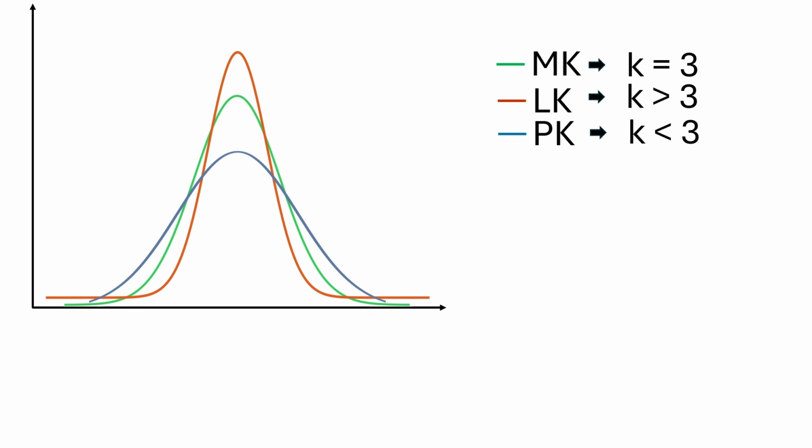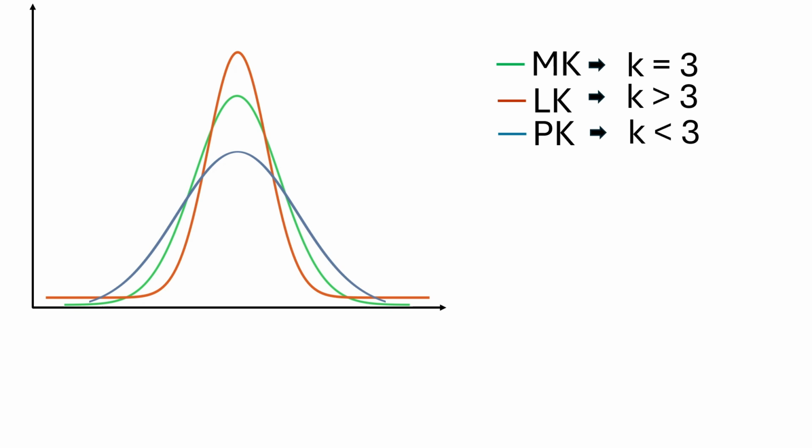But if the kurtosis value comes less than 3, then we can say that fewer data points are concentrated in the tail, that is, fewer outliers. And if the kurtosis value equals 3, then we can say that it follows the normal distribution curve.